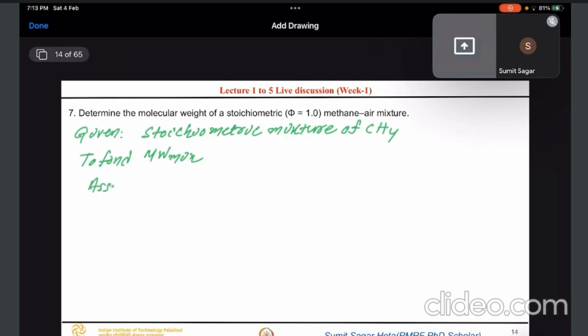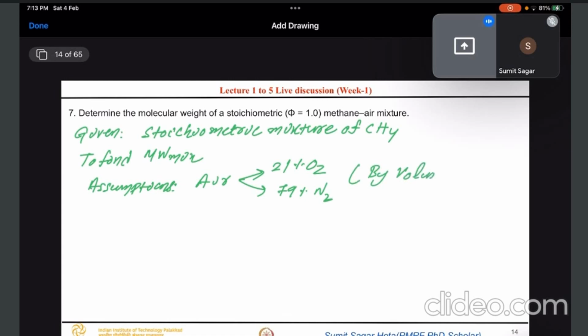Assumptions. Air containing 21% oxygen, and why we can assume this, because this is not an exact value. There may be some 21 point something. So we are assuming this so that there should not be any confusion. Also, we are doing our volume analysis. So there are two assumptions we are making.